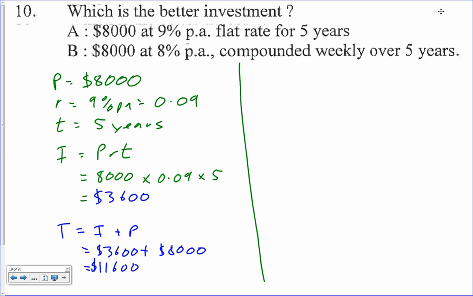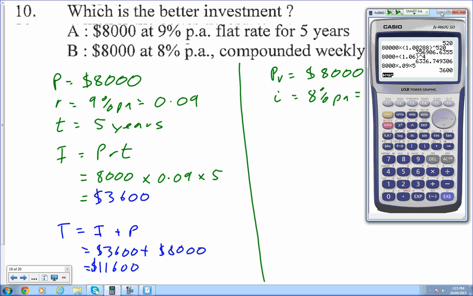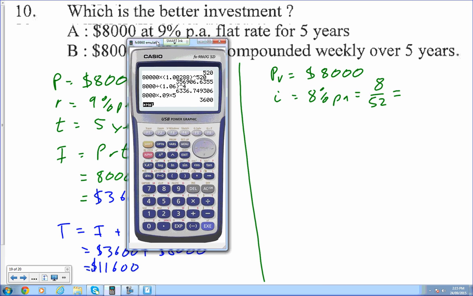Alright, so the next one, we've got present value being $8,000. We've got our interest being 8% per annum, but it's weekly, so it's going to be 8 divided by 52. So again, I'm going to use my calculator here. Don't know about you, but I'm not great on my 52nds.